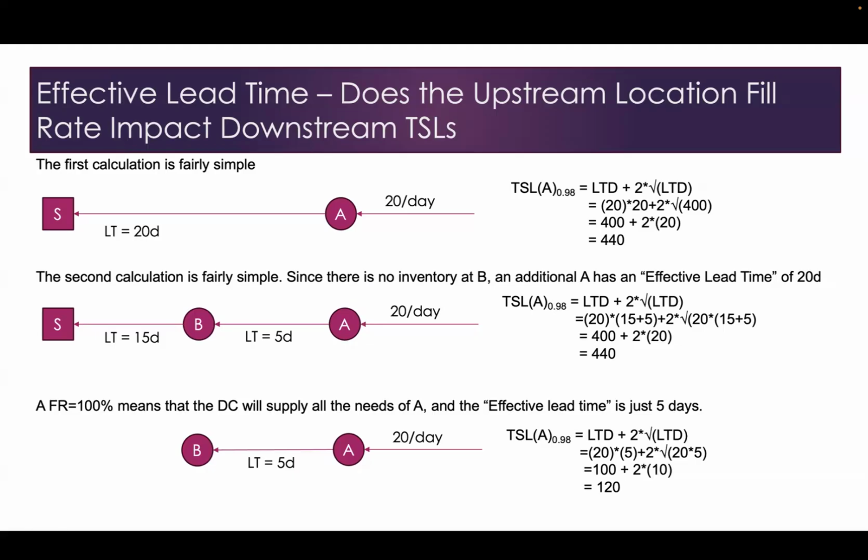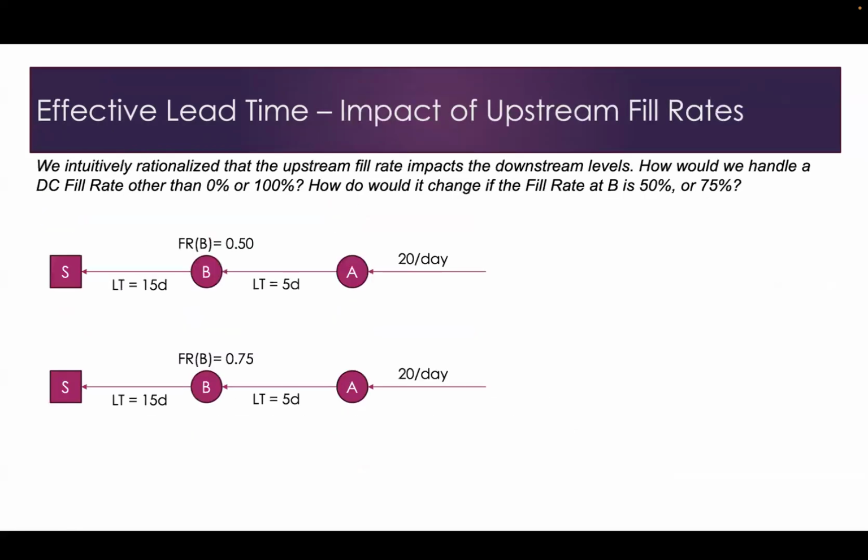And we can see that it affects everything all the way from 440 to 120, right? Now, this is where we're going to start becoming a little bit smarter, and it's not very difficult. Let's say I had a fill rate of B at 50%, or at 75%. Now, how much should I stock at A?